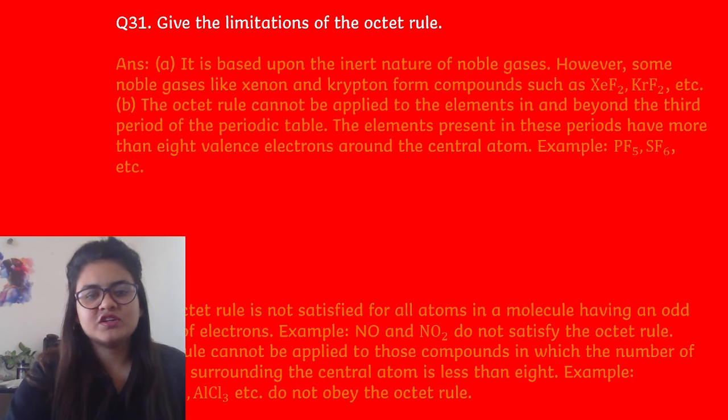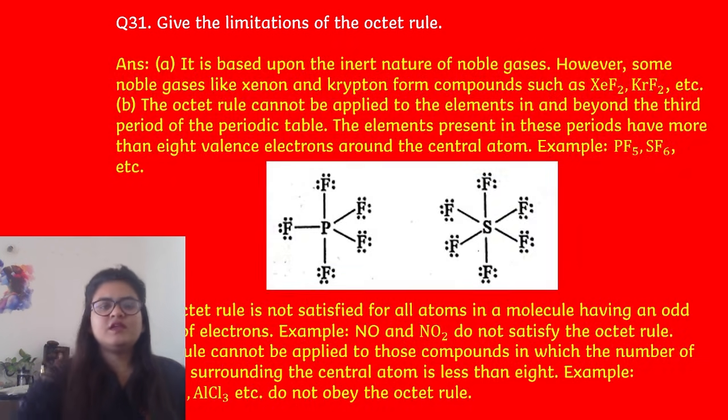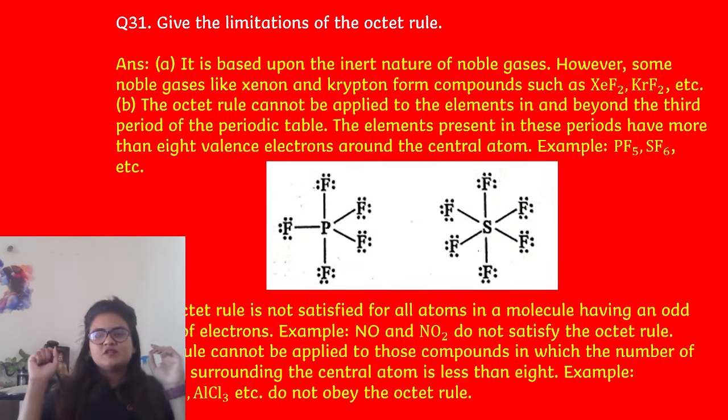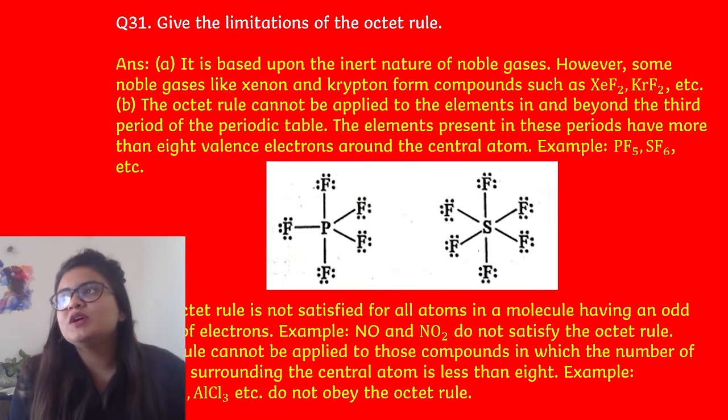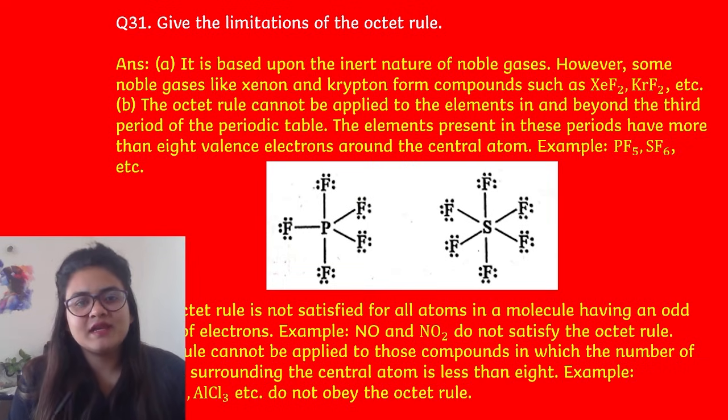Give the limitations of the octet rule. Whenever it comes to the octet rule, there are several limitations. For a few cases, the outermost orbital contains more than 8 electrons but they are still stable, like PF5 and SF6, which contain 10 and 12 electrons. So they do not follow the octet rule.